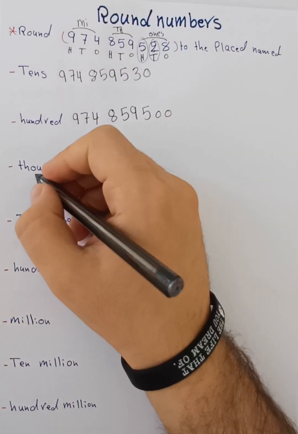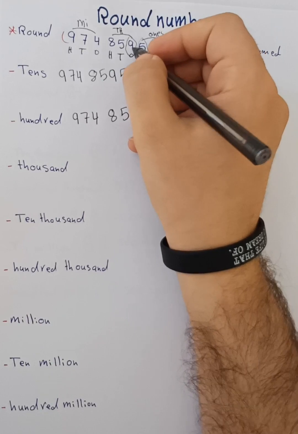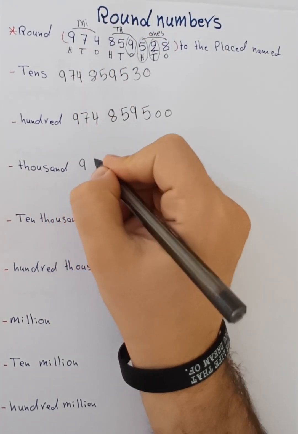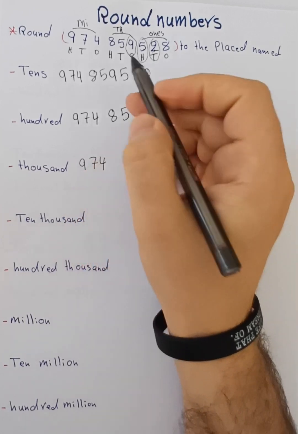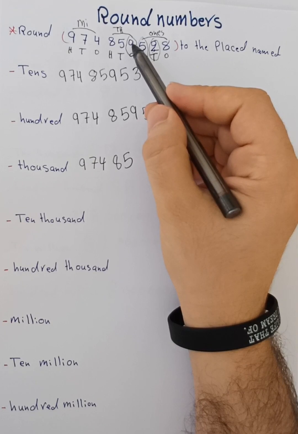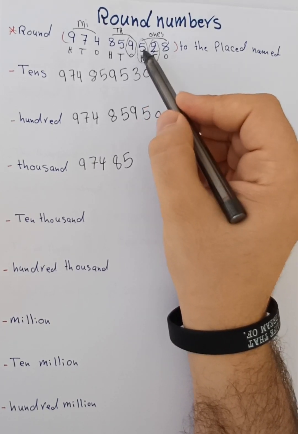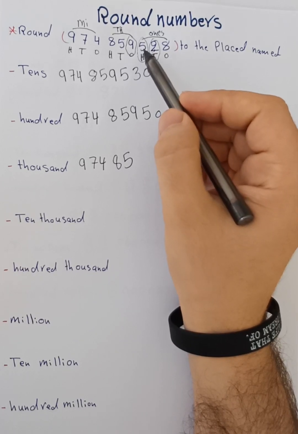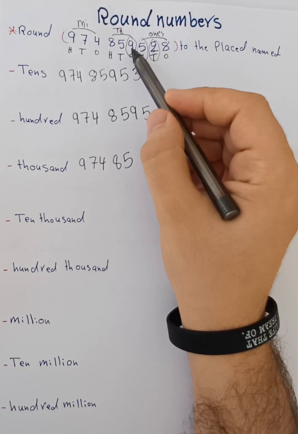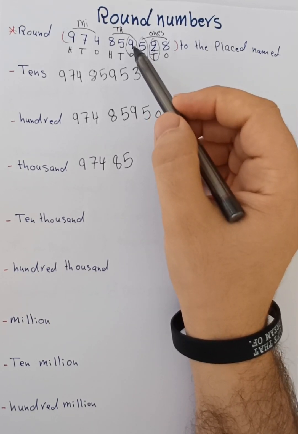After that you have to round 1000. 9 is 1000. Before 9 we have to write all numbers without change. We have 974,85. We have to round 9. After 9 we have 5. By rounding rule, if we have 5 or greater than 5, the digit in the place rounding increases by 1.